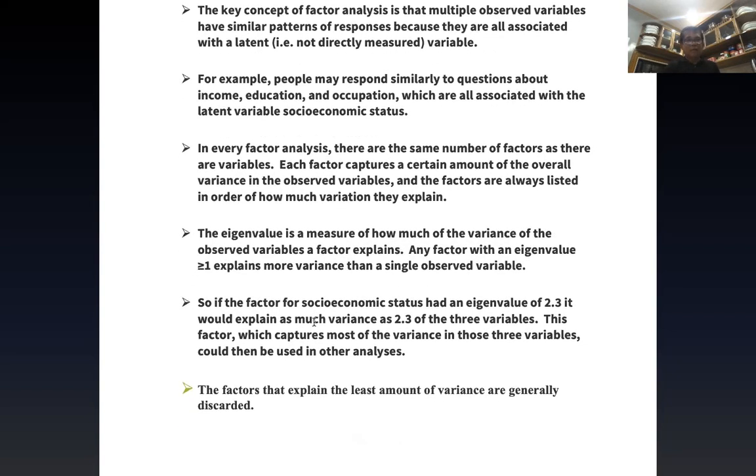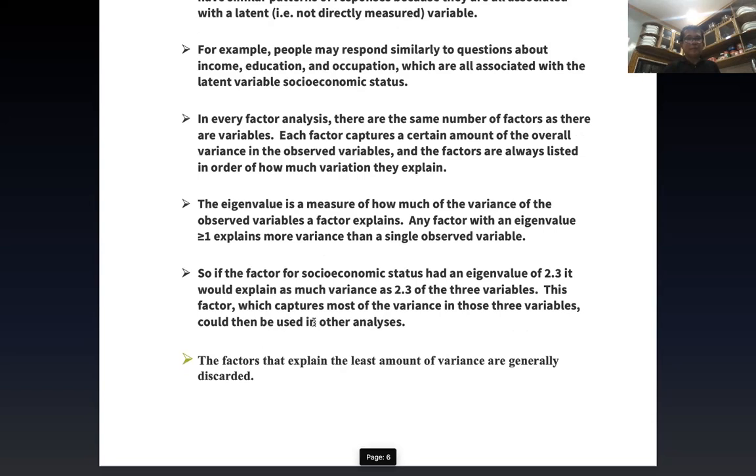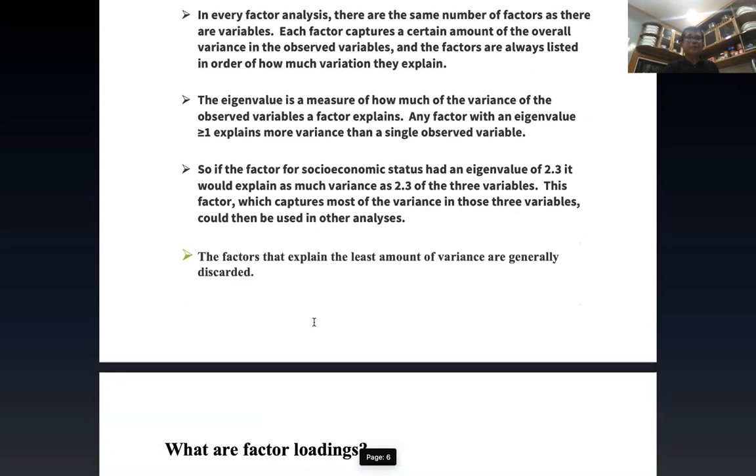So if the factor for socioeconomic status had an eigenvalue of 2.3, it would explain as much variance as 2.3 of the 3 variables. This factor captures most of the variance in those 3 variables and could then be used in other analyses. The factors that explain the least amount of variance are generally discarded.